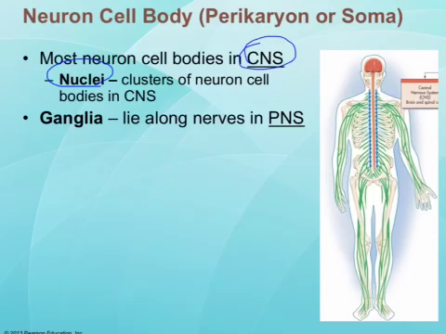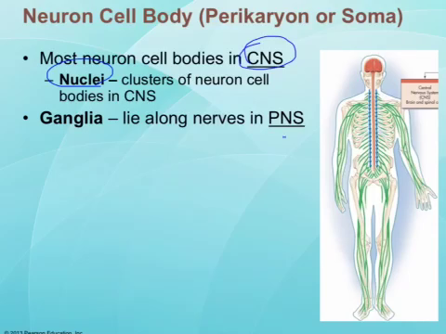That's the same word as cell nuclei, but remember here we are not talking about a structure of the cell. We are talking about a structure inside a nervous organ, like the brain or spinal cord. Those are clusters of neuron cell bodies.